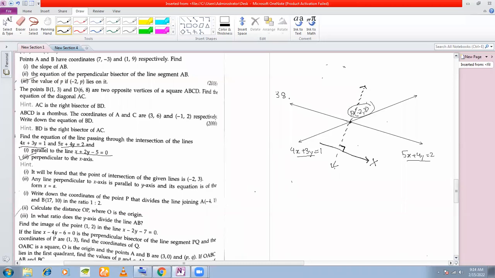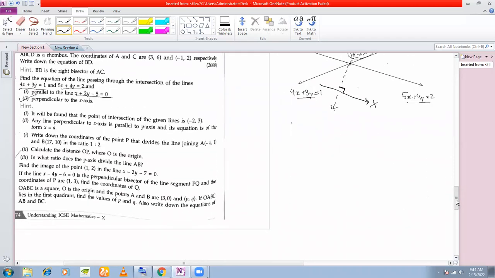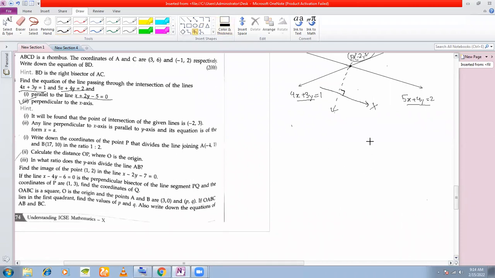So how will you find out the equation of this dotted line here? Now, first of all, in your standard form, what was the equation of a straight line which was perpendicular to the x-axis? Any straight line which is perpendicular to the x-axis, whether this line or whether this line, if any straight line is perpendicular to the x-axis, that means it is parallel to the y-axis, right?